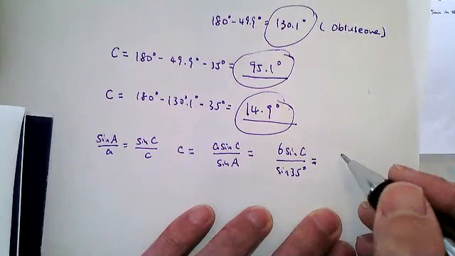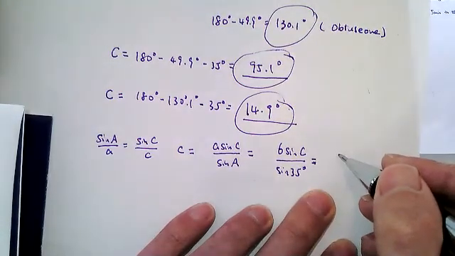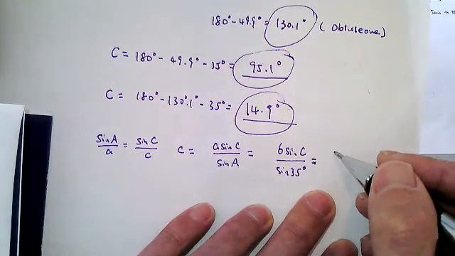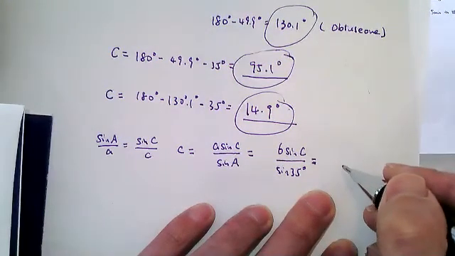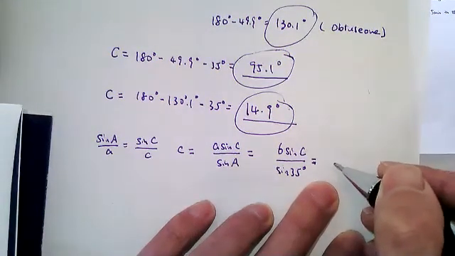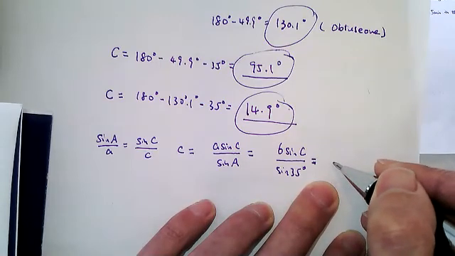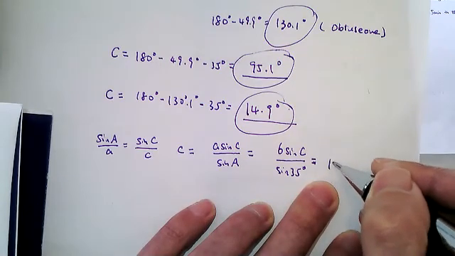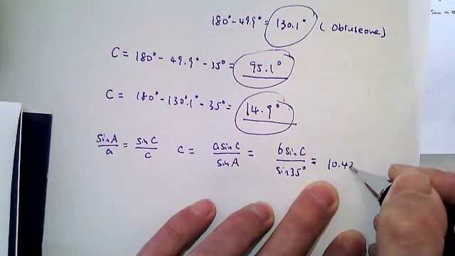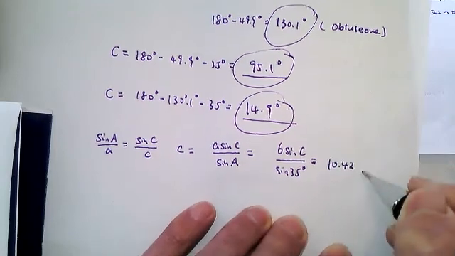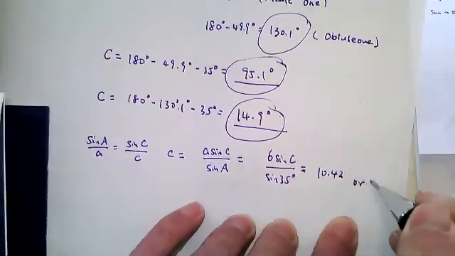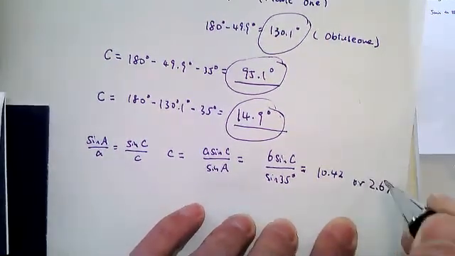When I plugged in the top one, the 95.1 degrees, I ended up getting 10.4. Thank you very much. And then for the 14.9 degrees, I ended up getting 2.69. Thank you very much. That's it.